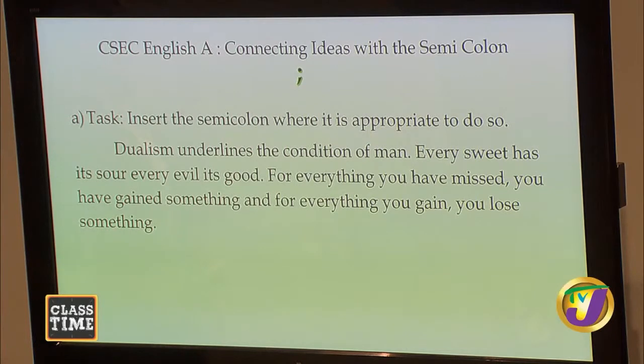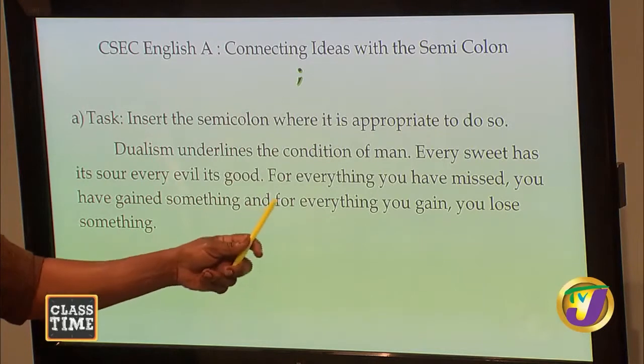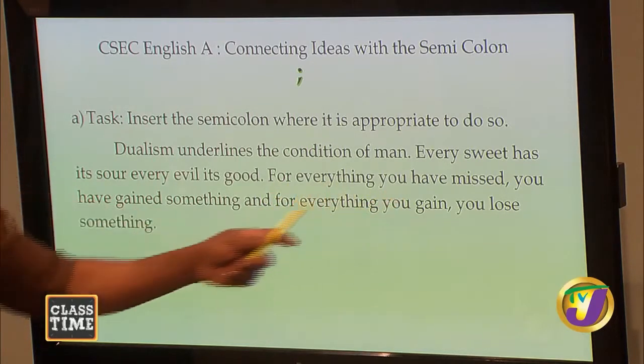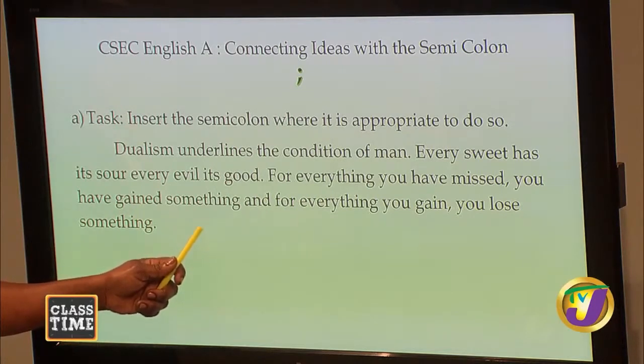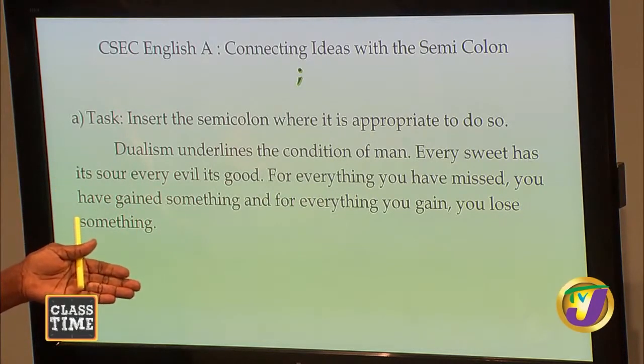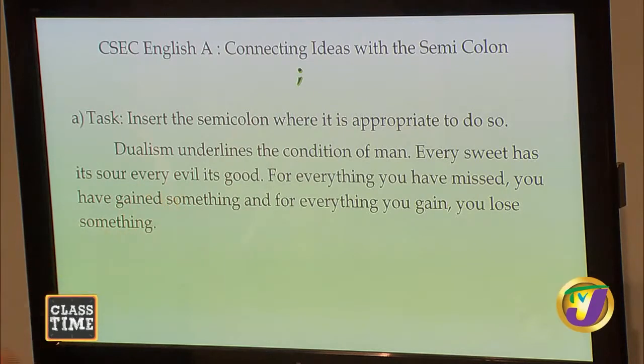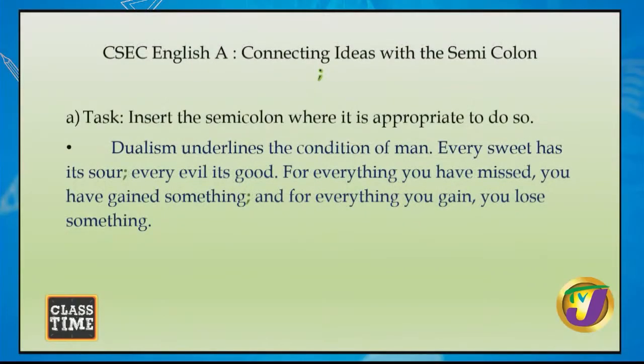Okay? And for everything you gain, you lose something. So right there again, you can see that there are actually two different things being expressed. And you could actually say, for everything you have missed, you have gained something. So that is an independent expression, and which is the conjunction connecting it. Everything you gain, you lose something. So let us look now at the answer for the analysis.